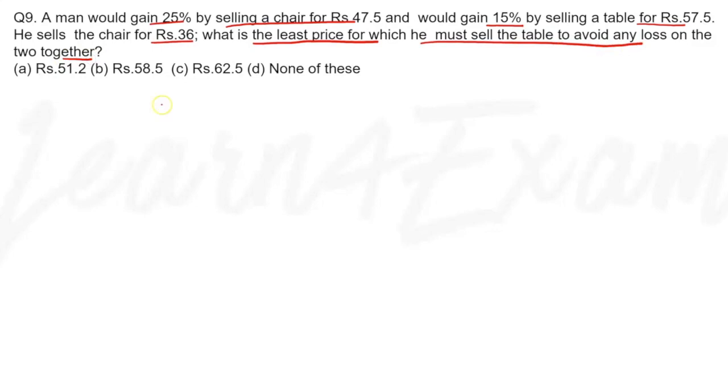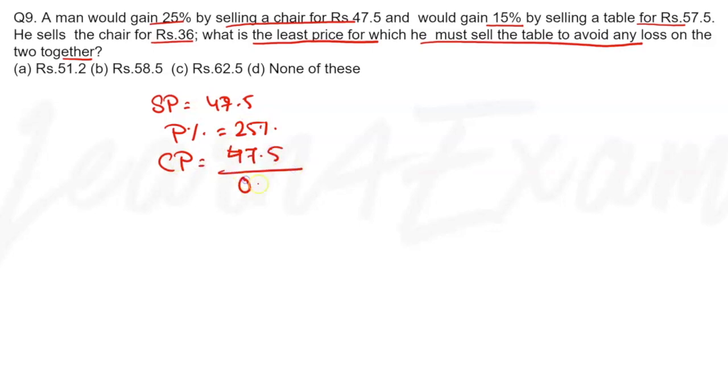Right. So if the selling price is given as 47.5 and I am making a profit percent of 25%, then the cost price of the article would be 47.5 divided by 1.25, which would be equal to 38, right?